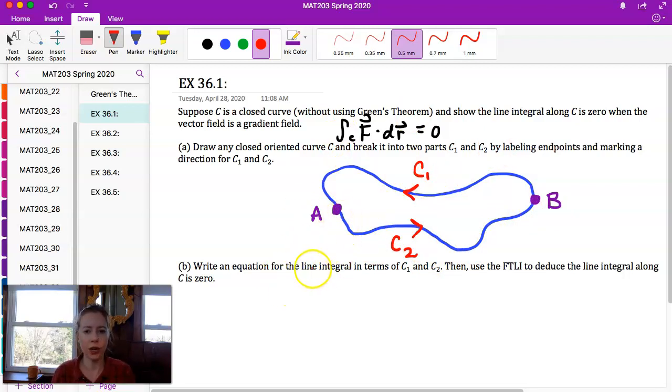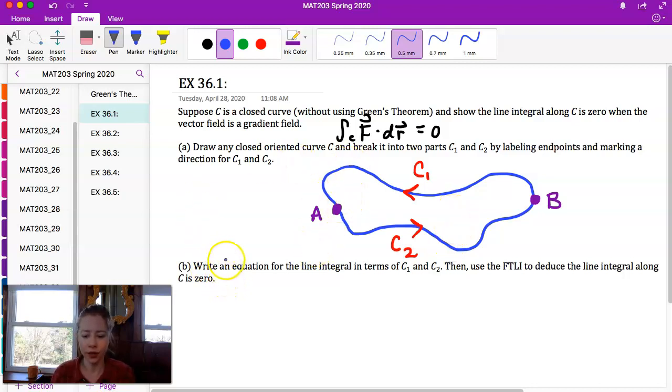So we're going to write an equation for the line integral in terms of C sub 1 and C sub 2, so this first curve and the second curve. And then use the fundamental theorem of line integrals to deduce that the line integral along C is 0.